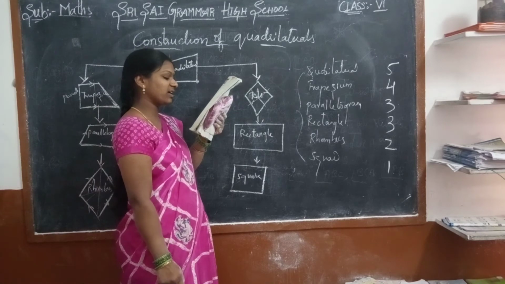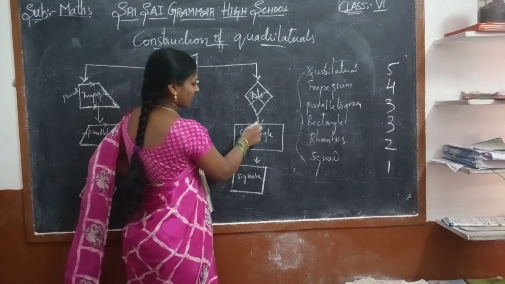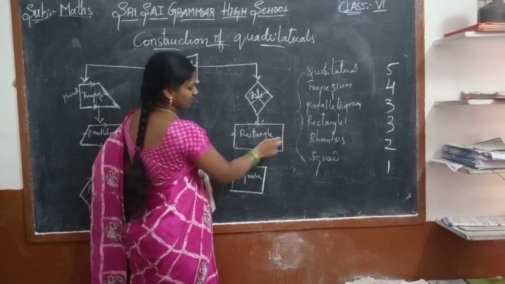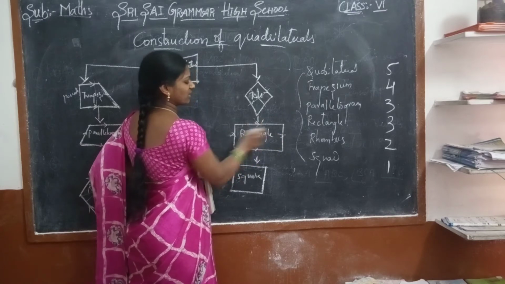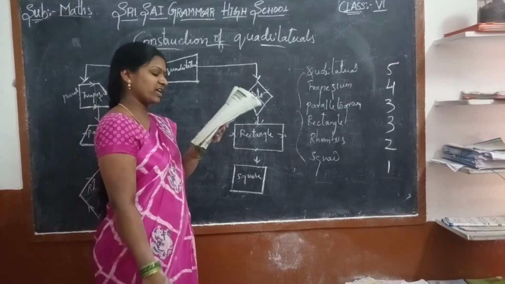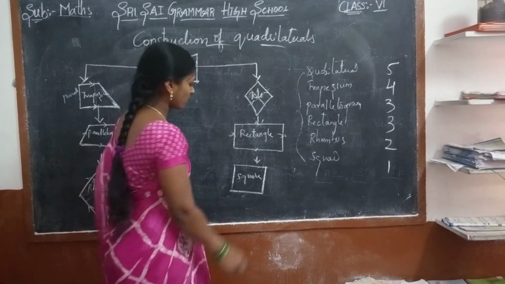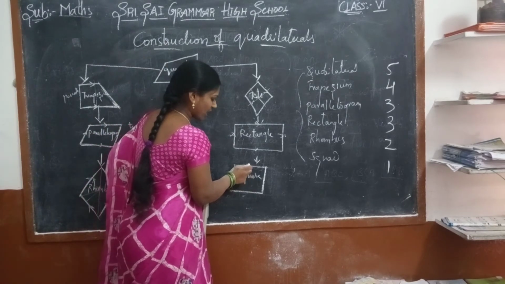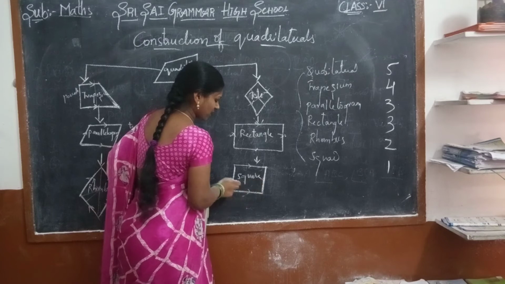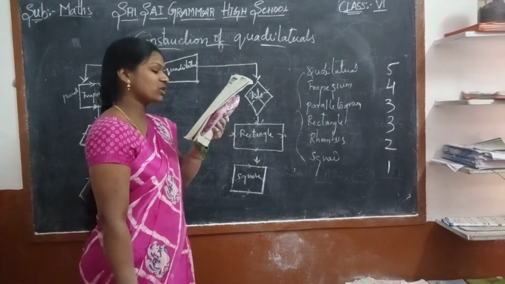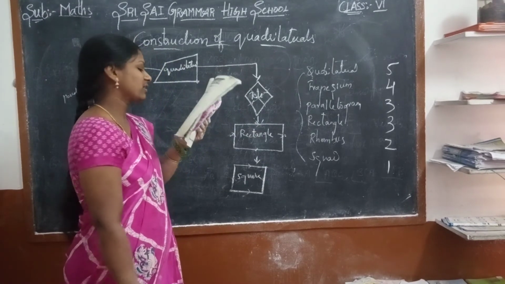Then in a rectangle, all opposite sides are parallel. The two pairs are parallel to each other. Then in a square, the adjacent sides are equal, and at the same time all sides are equal. And also each vertex angle is 90 degrees.